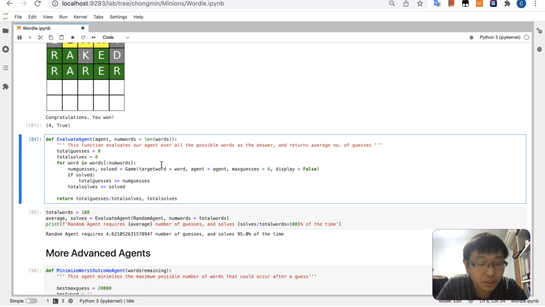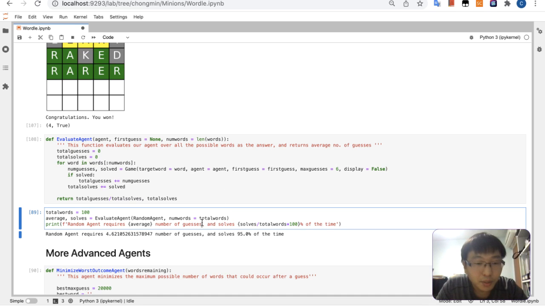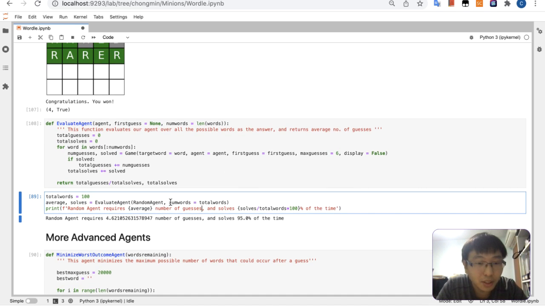Let's just try. If we do evaluate agent, and then maybe we just put first guess here, first guess equals to first. Okay, because this will help reduce the state space a lot. So maybe first guess we put as arise, my favorite word.